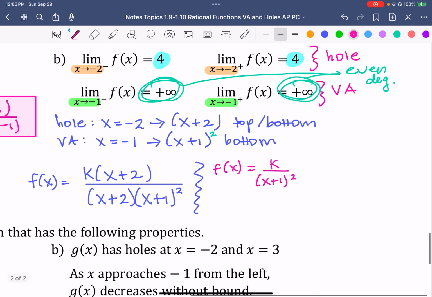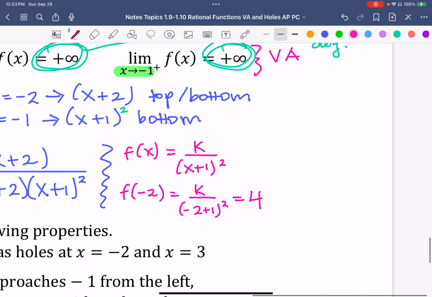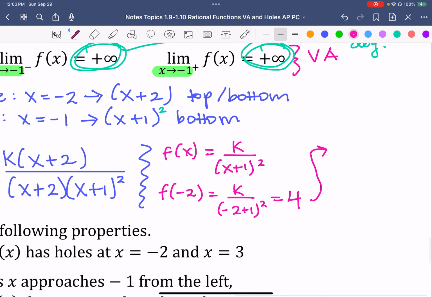I'm going to use the hole again, which was at x equals negative 2, and then I'll plug it in, get negative 2 plus 1 squared. And the hole was at positive 4. So if I were to simplify that, I would have k over negative 2 plus 1 is negative 1, and negative 1 squared is positive 1.